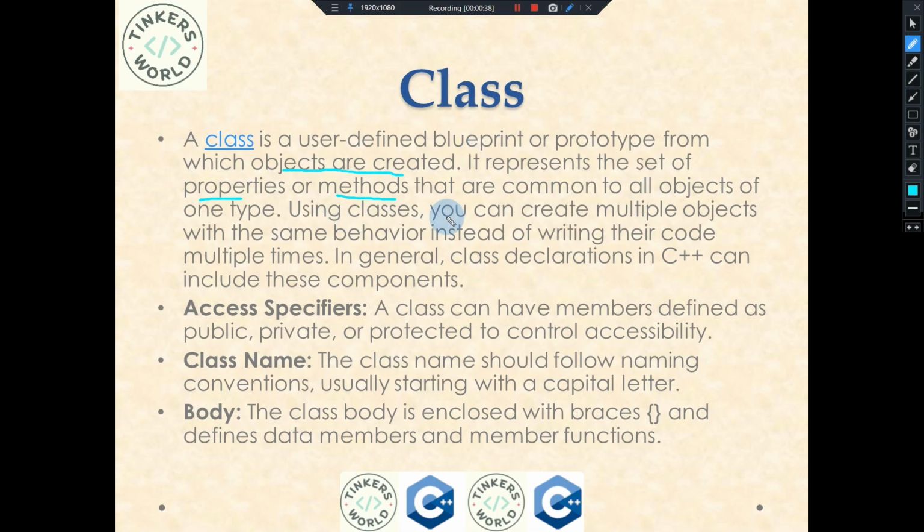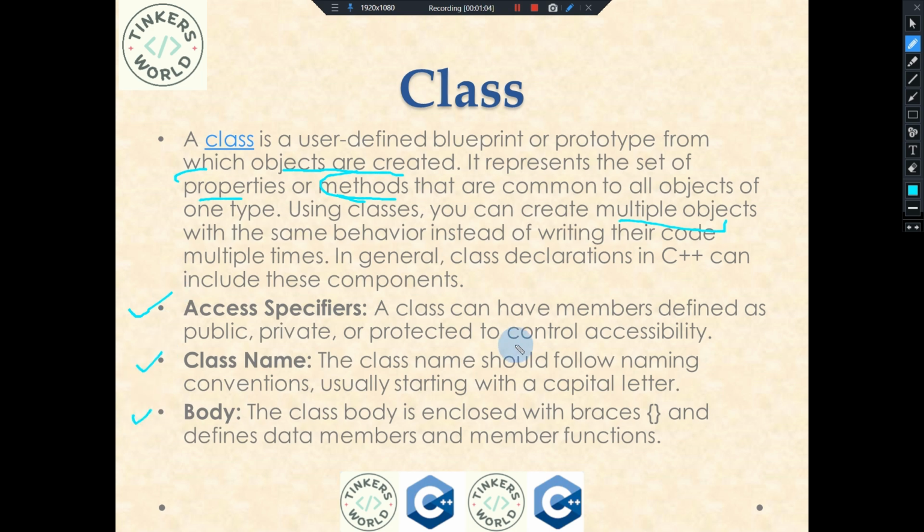Using a class, you can create multiple objects that have properties and methods with the same behavior, instead of writing their code multiple times. In general, a class declaration in C++ can include the following: access specifier, class name, and the body.